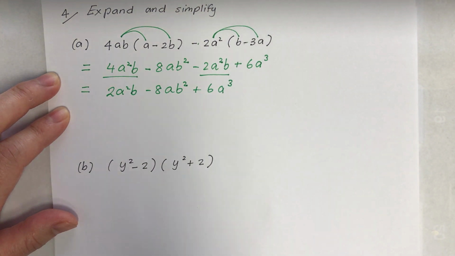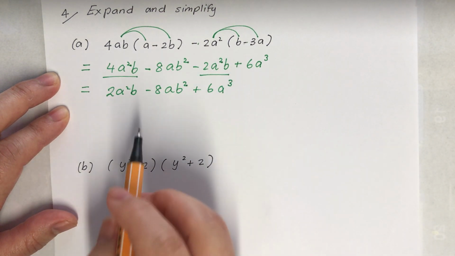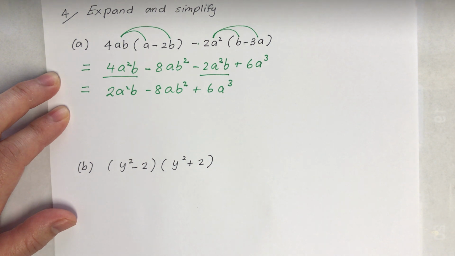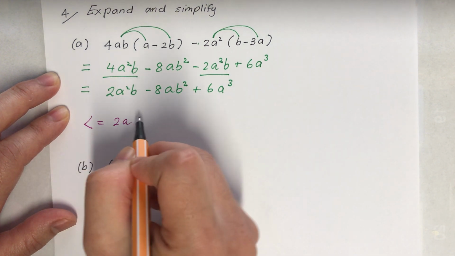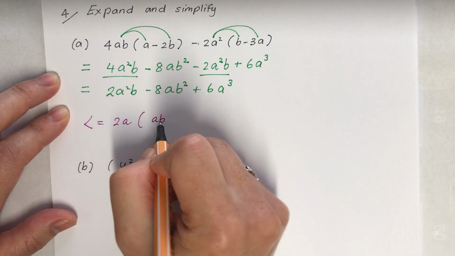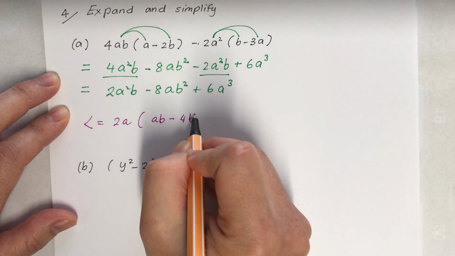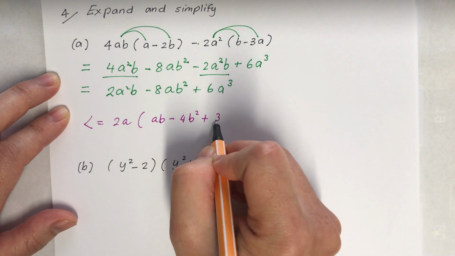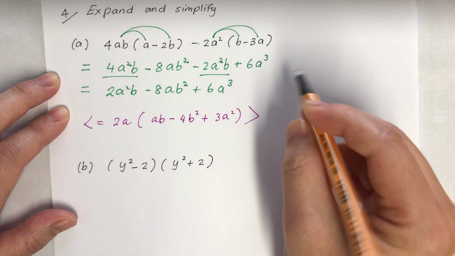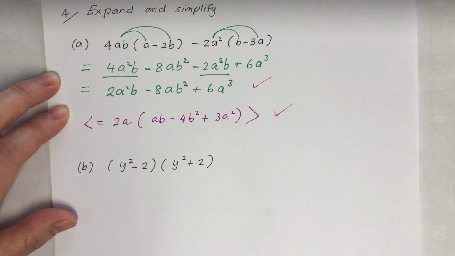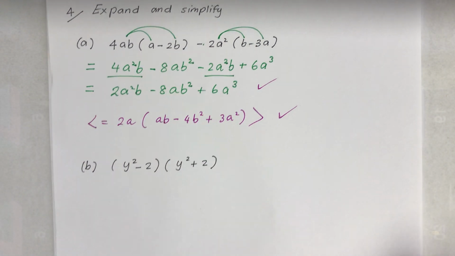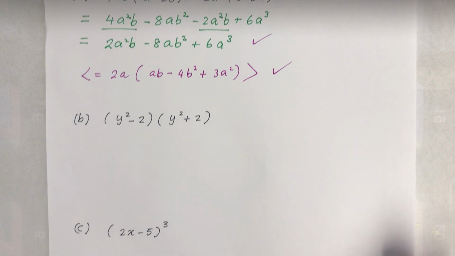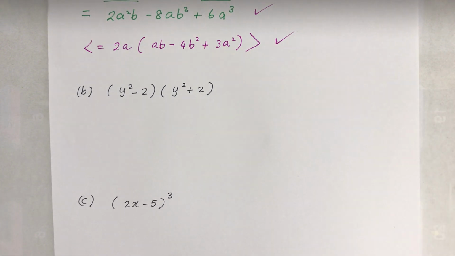Okay, now you probably want to have a bit of an urge, if you're like me, to take a 2a out and then simplify a little bit further or factorize a little bit like that. That's still okay. And then just leaving it like that will be okay too, because by doing that it's not going to make a huge difference anyway. So next one.